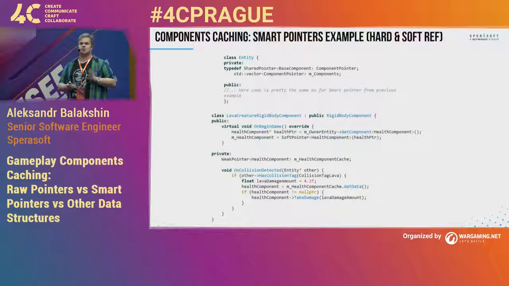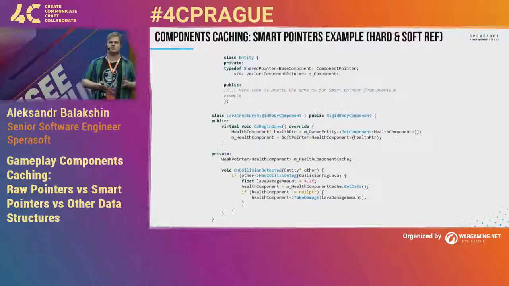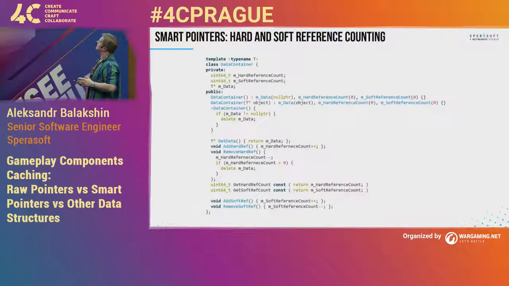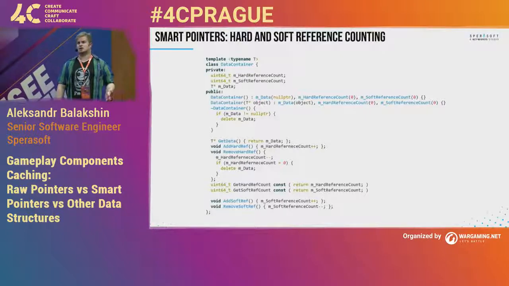right now, most game engines are multi-threaded. In order to keep synchronization and make data consistent, these member variables of the data container will be atomic ones. So every time you create a data container, regardless of whether it's a shared pointer or a weak pointer, you will have synchronization overhead here.